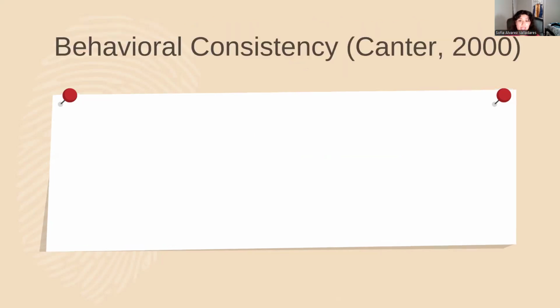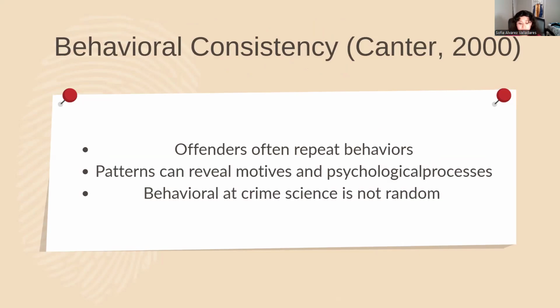Now we go on to the behavioral consistency that we look for. David Canter introduced the concept of behavioral consistency, which suggests that offenders tend to repeat their behaviors among crime scenes. For instance, an offender who binds a victim in one case is more likely to do so again.